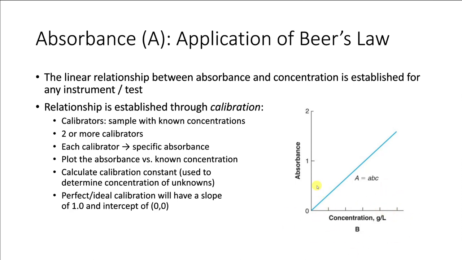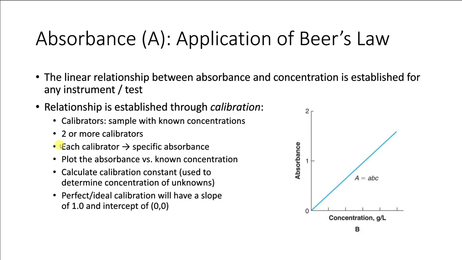In order to establish calibration, we must set up calibrators, or samples with known concentrations. We must then also have two or more calibrators, because if you ever try to generate a graph from one point on a graph, that ain't happening. So we do need two or more levels of calibrators.